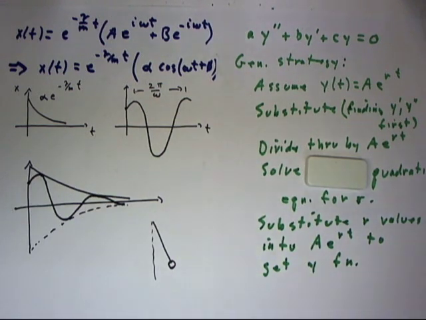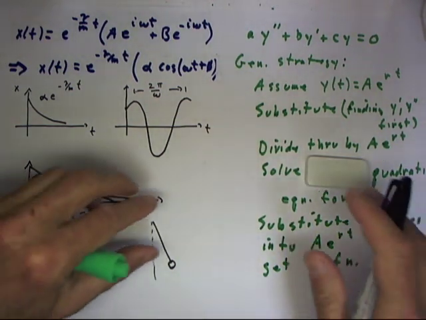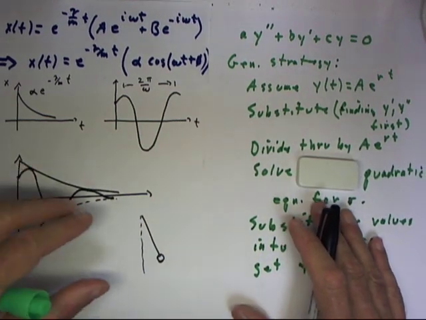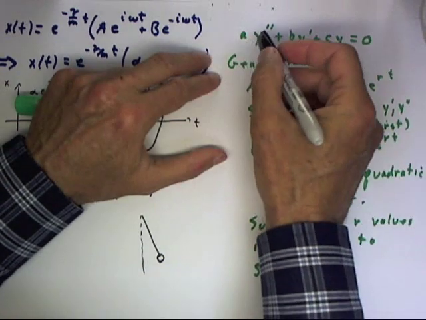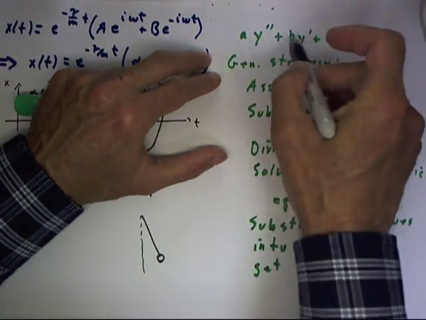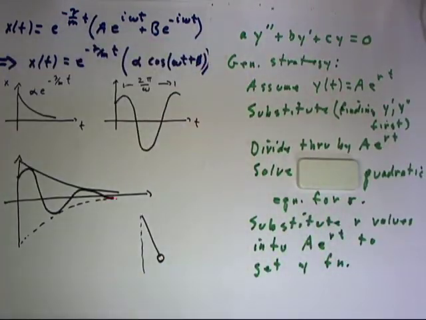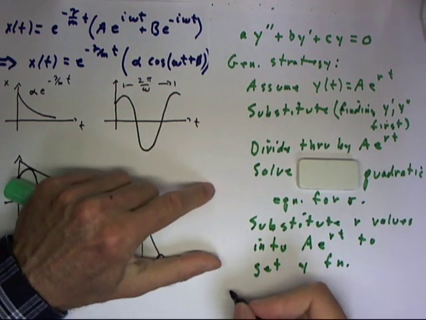One little caveat here is that sometimes if the discriminant of our quadratic equation is 0, then we're only going to get one solution, and we'll have to deal with that.